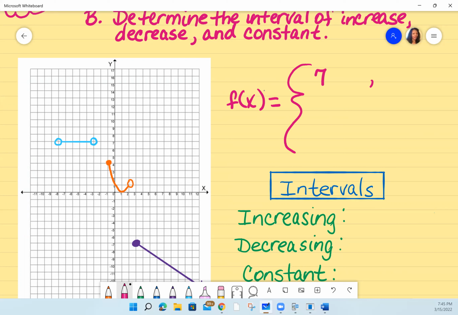What's my condition? My condition would include my domain. So my domain is all of my x values that are included in the graph. Or even if it's not included, so like here, I'm going from -8 to -3. So I know that's my limit.